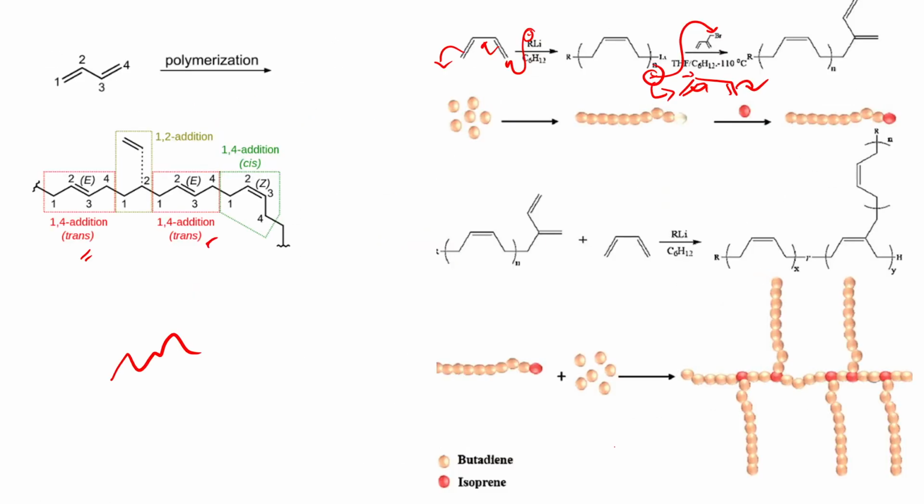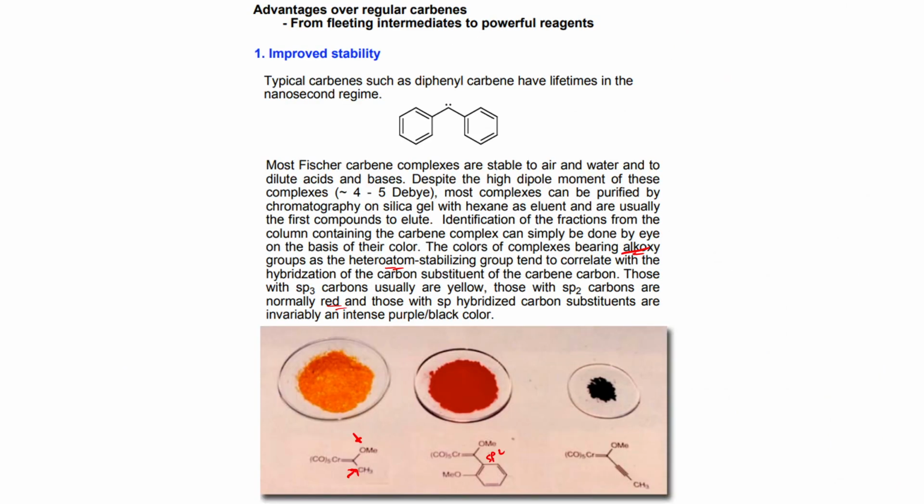These are some of the examples, and why branching happens for anionic, cationic and radical, you can think of the same way. Initially they were popular. After that, with Ziegler-Natta, people were able to make polymers in a linear way without any branch. That's one of the key modifications.